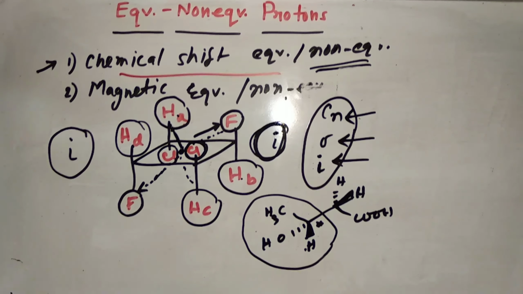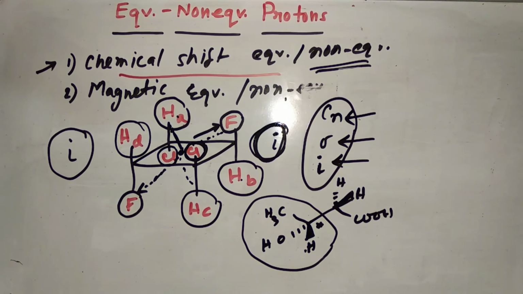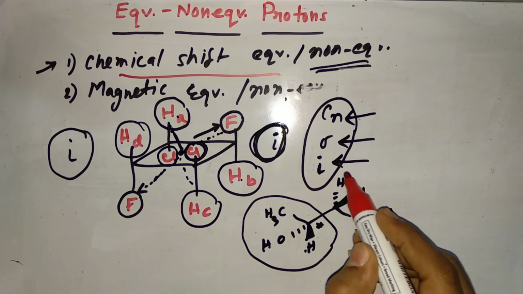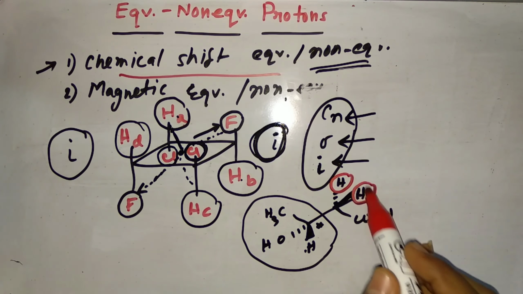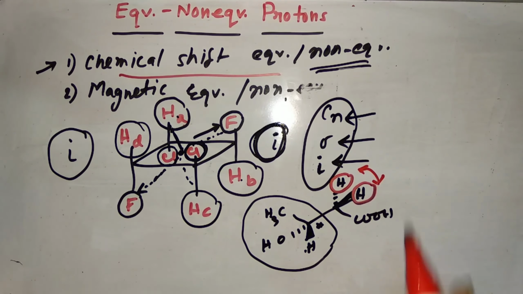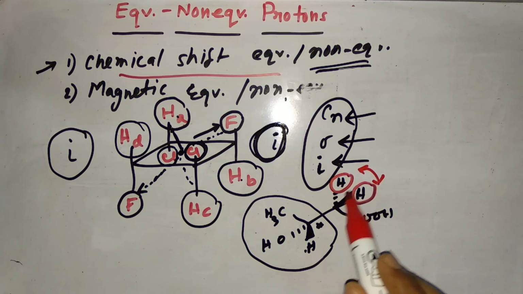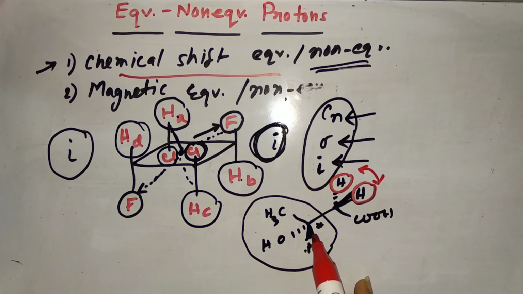Here we can verify whether these two hydrogens are chemically equivalent or not. After any rotation, you cannot find that these two hydrogens can interchange their positions, because the groups are all different, as this center is a chiral center.